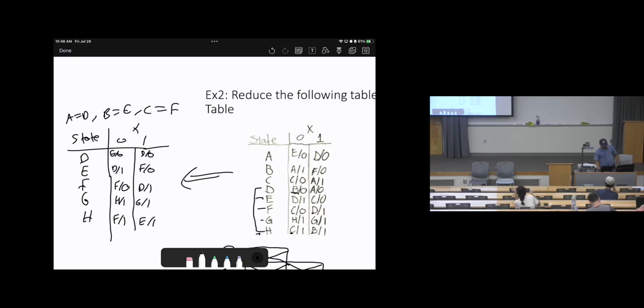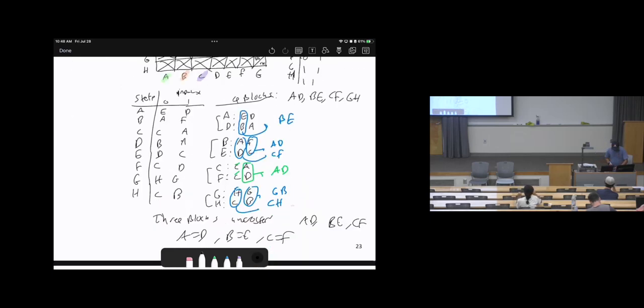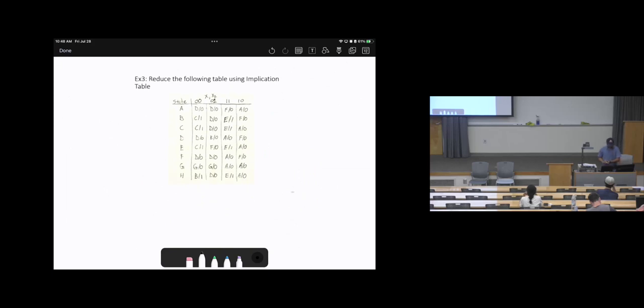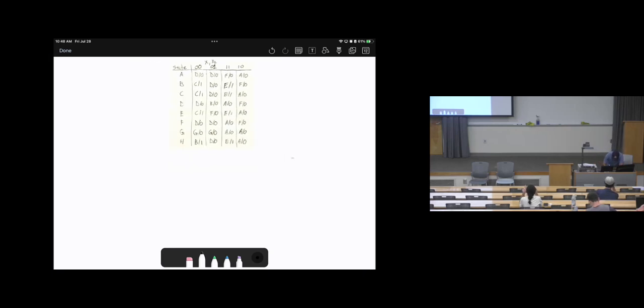Now we have another example, which is kind of complicated like this. How can we make the implication table on this one? We have multiple inputs, but that's fine. Let's do the implication table.